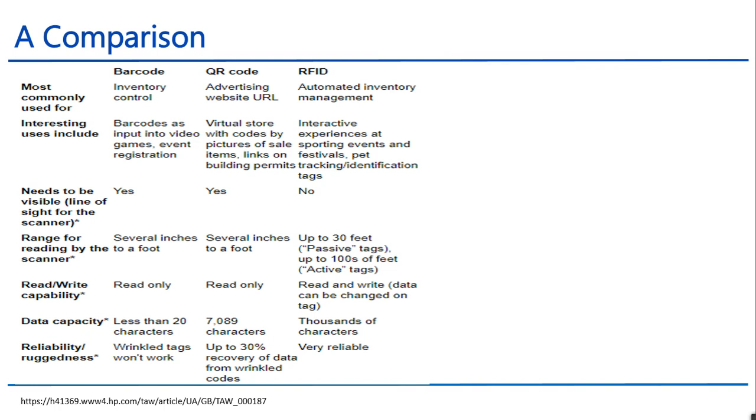So hence it is called a dumb system as well. Barcode is considered to be a dumb system where it does not understand or update anything. It just provides information whatever is there, right? Similar is the case of QR code. It only gives you a facility to read only, but RFID has the capacity to read and write, which means that in RFID the reader can actually read what is written in the RFID tag and can also update the information, can also write the information.